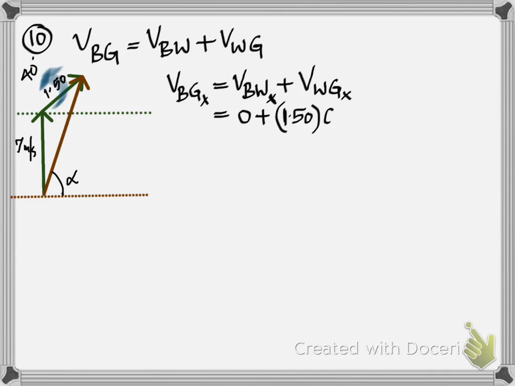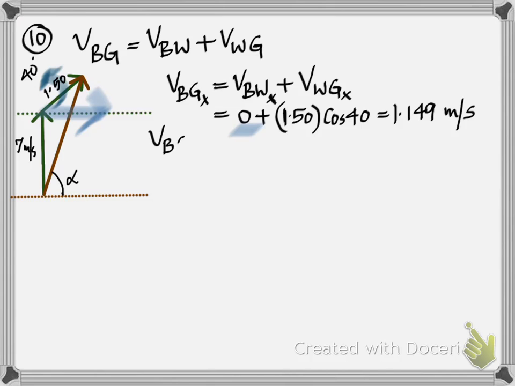Therefore, it has no x component. But the other one is surely going to have an x component, which is 1.5 cos 40 degrees. So this is 1.149 meters per second.